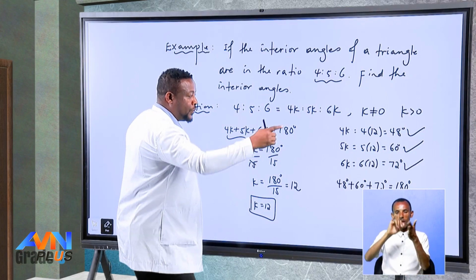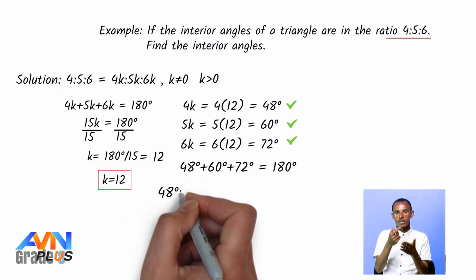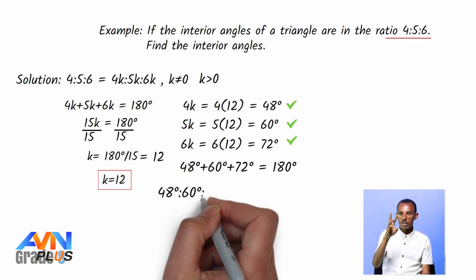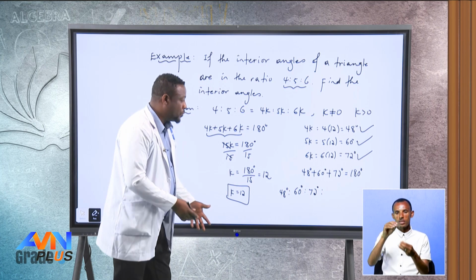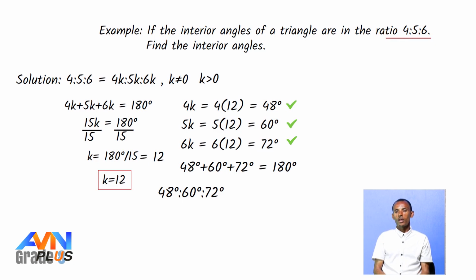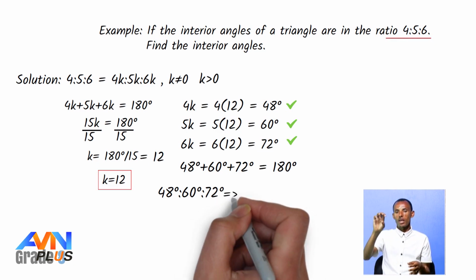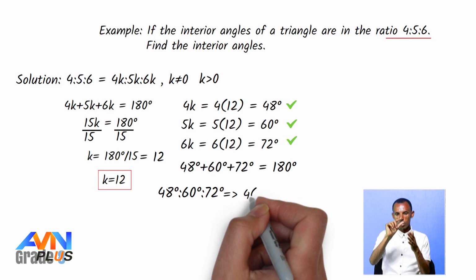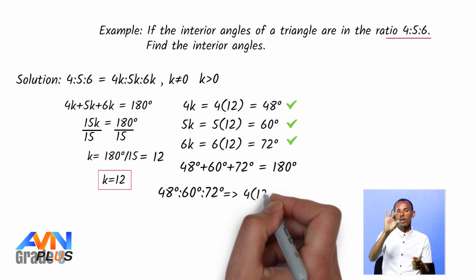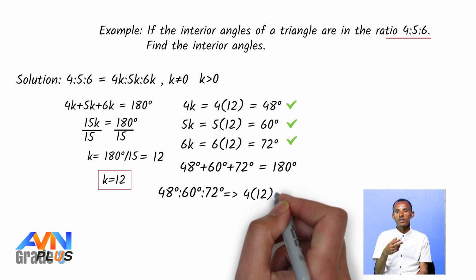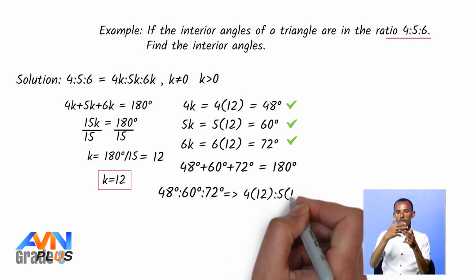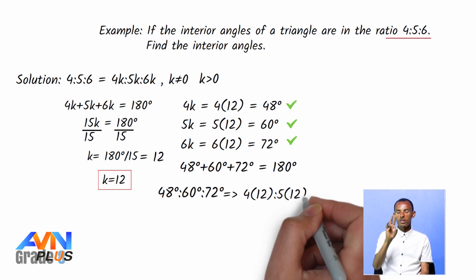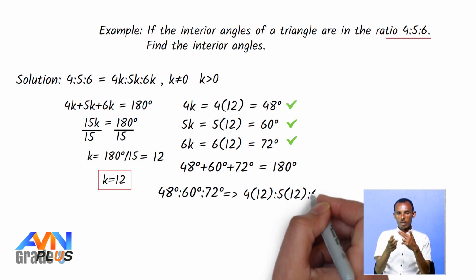That means 48 to 60 to 72, right? If you write this in the simplest form, 48 means 4 times 12, 60 means 5 times 12, and 72 is 6 times 12.